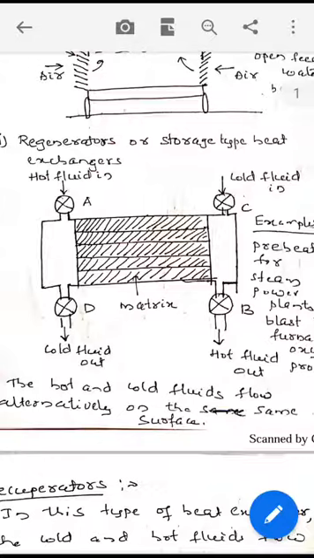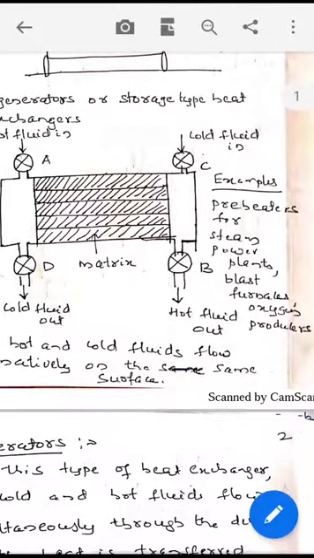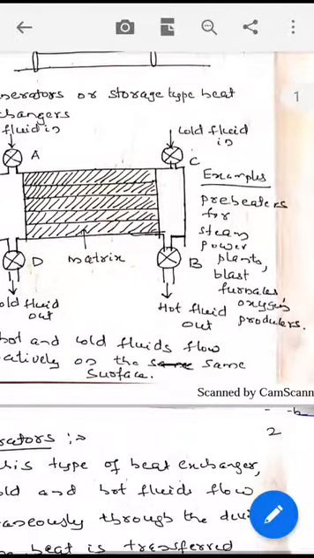After some time, the flow of hot water is stopped, and then cold water is allowed to flow over this heated matrix. The cold fluid will pick up the heat from the heated matrix and will get heated. Examples of the regenerator or storage type heat exchangers are preheaters for steam power plants, blast furnaces, oxygen producers.